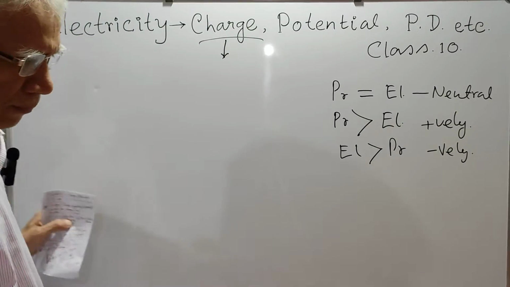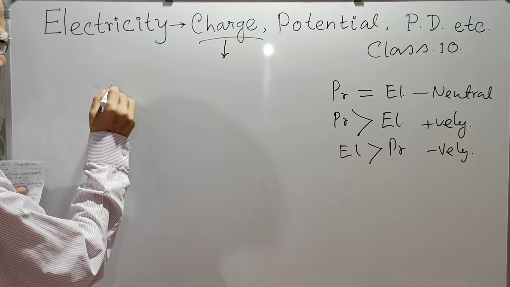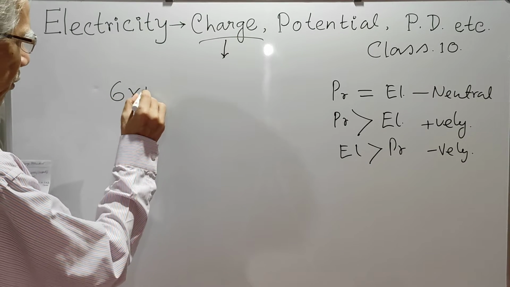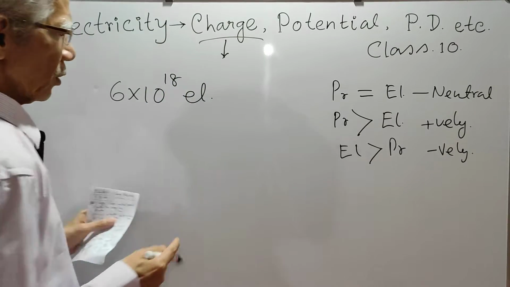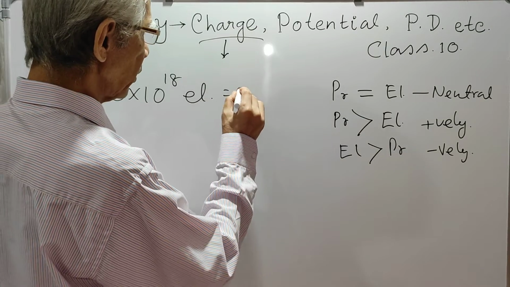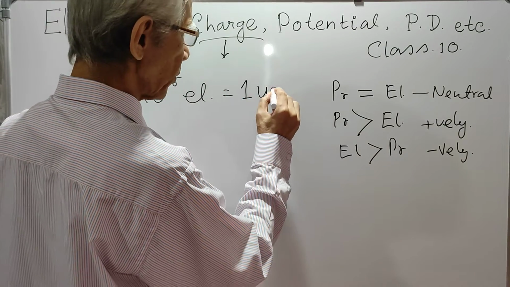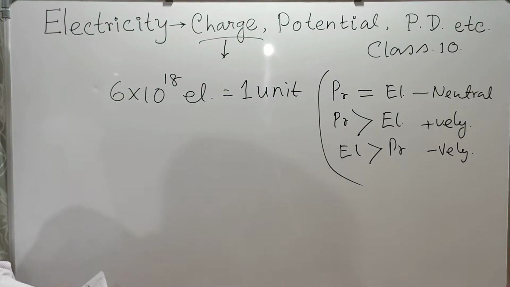So, what have they done? Scientists have considered 6 into 10 to the power 18 electrons. The total charge of so many electrons, they have called 1 unit of charge. All right.